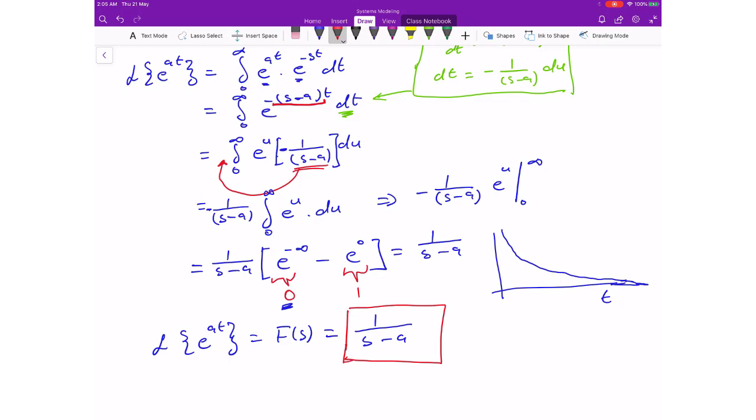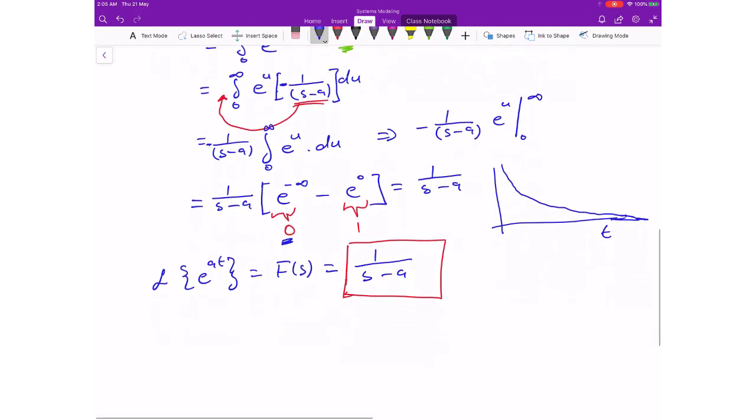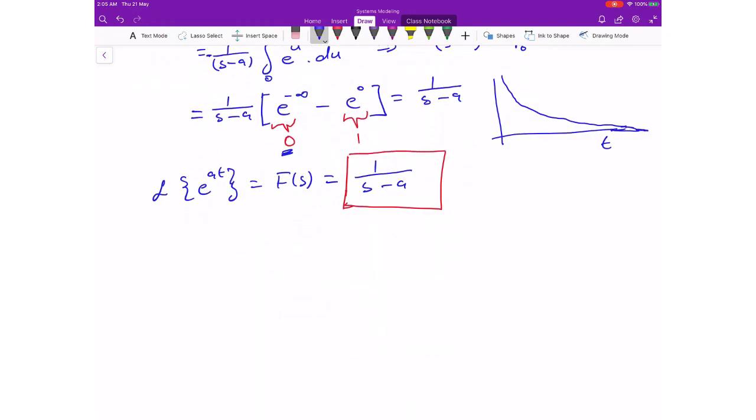Now what happens, let's say a is equal to 0. If a is equal to 0, then you are going to have e to the 0 times t, which is anything times 0 is 0, e to the 0. E to the 0 is equal to 1.